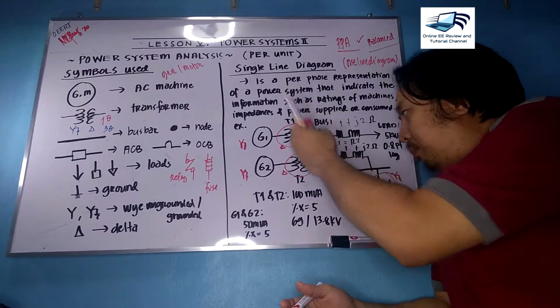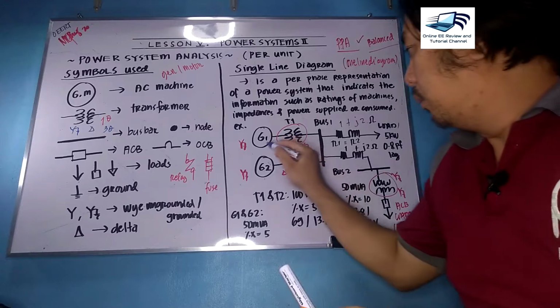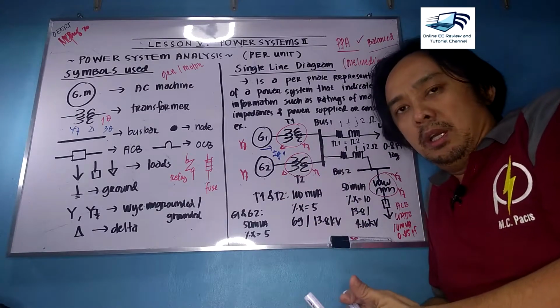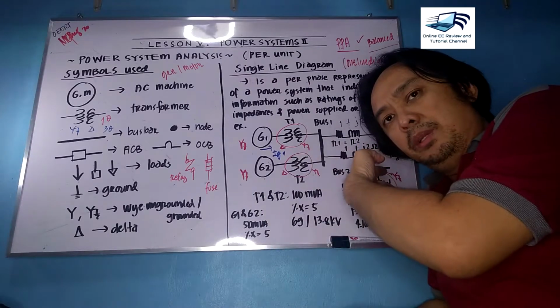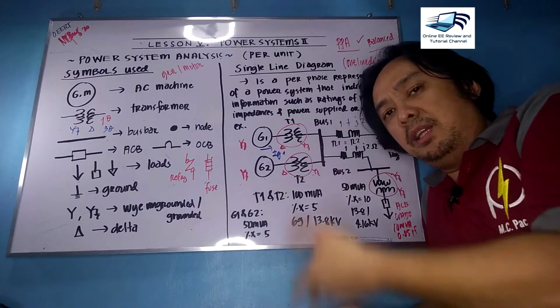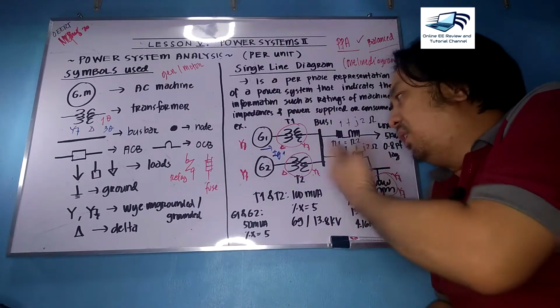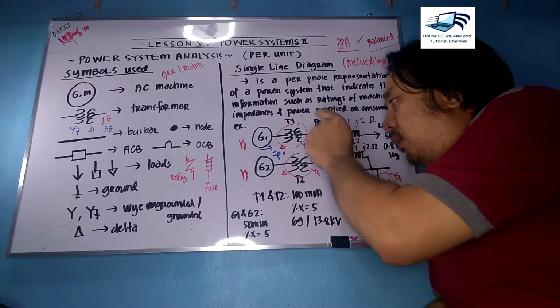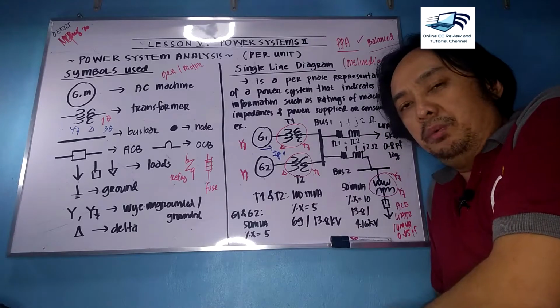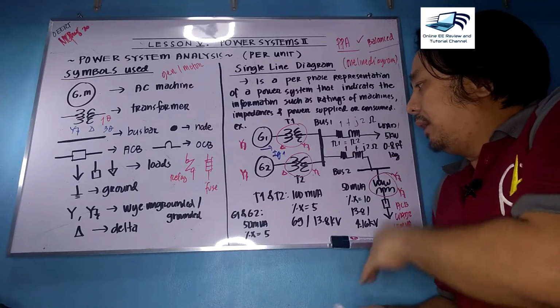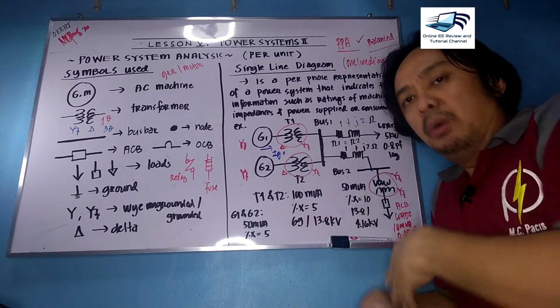How can you compute, for example, the current that is flowing at your generator? You need to have the per unit equivalent circuit first, which is represented as an AC circuit in per unit, and then you will use different techniques of AC analysis to get that IG1. So in that case, you already have an idea of what the overall power system is all about.